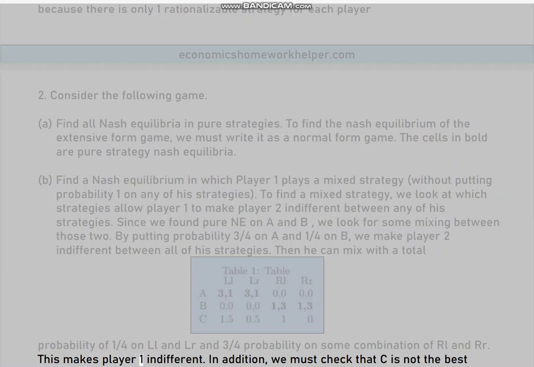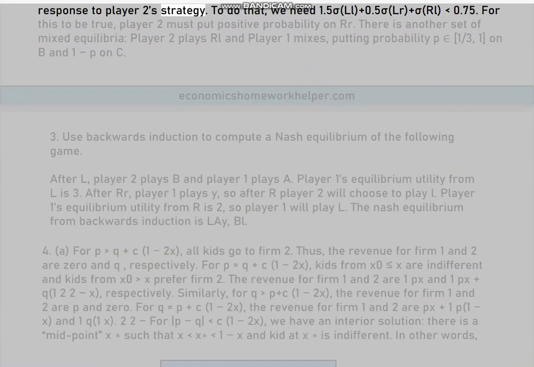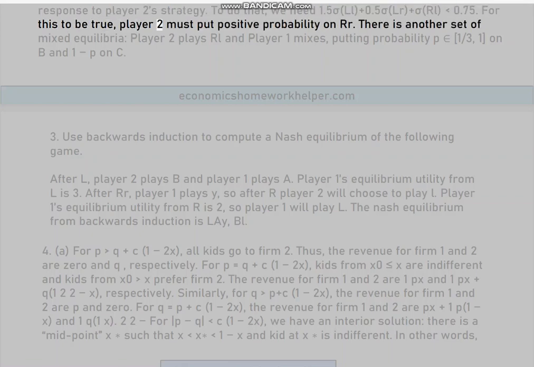This makes player 1 indifferent. In addition, we must check that C is not the best response to player 2's strategy. To do that, we need 1.5 σLL + 0.5 σLR + σRL < 0.75. For this to be true, player 2 must put positive probability on RR.